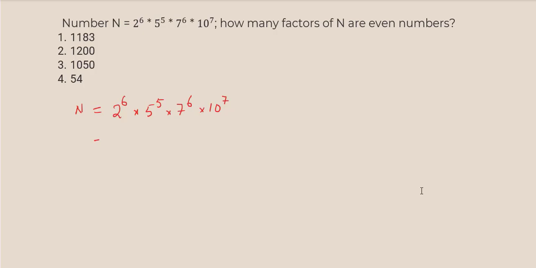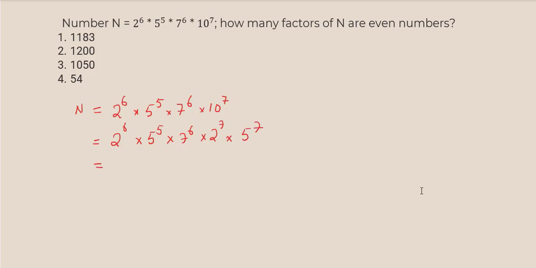So we will convert this whole number into a product of prime numbers. Okay, for this we'll rewrite it as 7 to the power 6, and 10 to the power 7 can be written as 2 to the power 7 multiplied by 5 to the power 7.